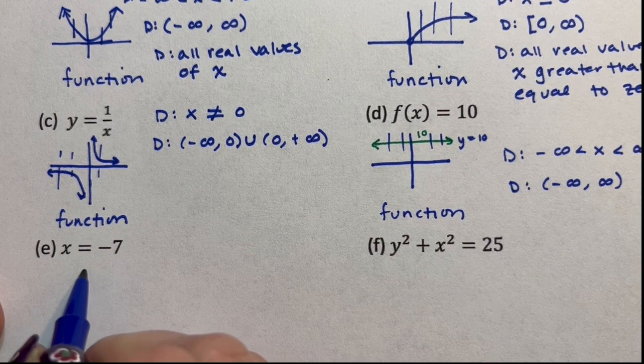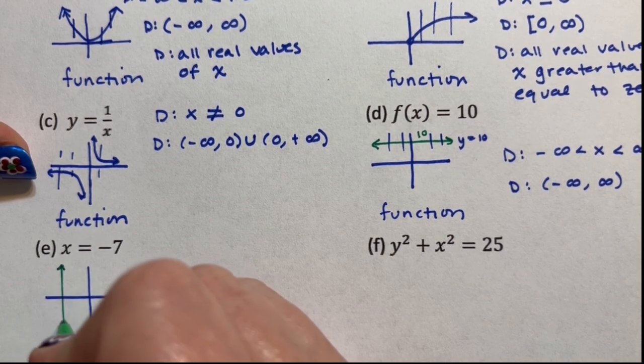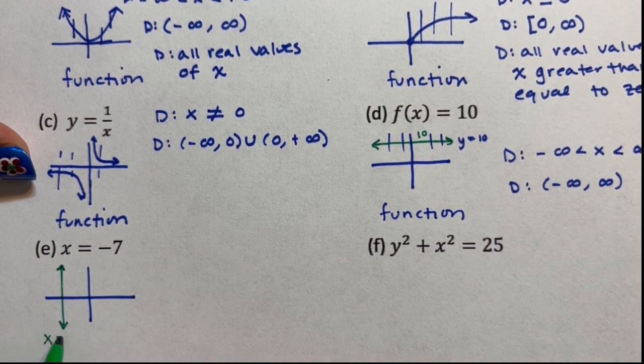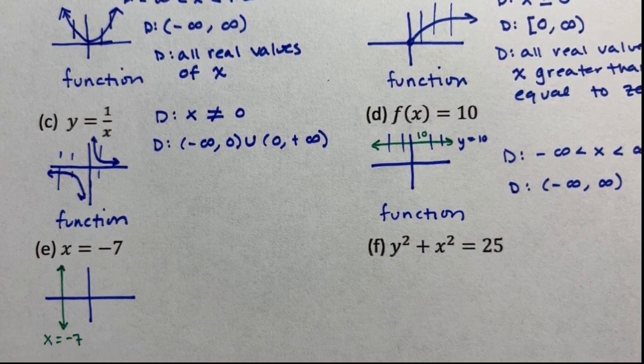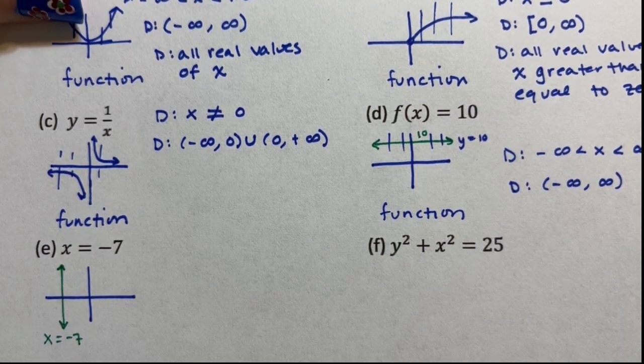For the next graph, x equals negative 7, this is a vertical line at x equaling negative 7. It does not pass the vertical line test, for every point is along that vertical line, so this is not a function.